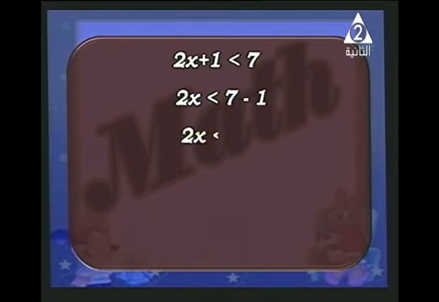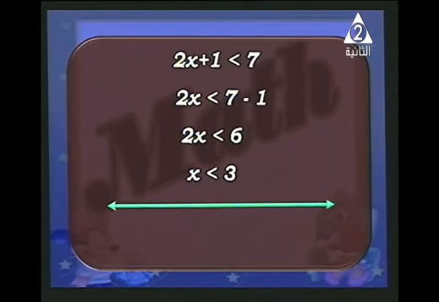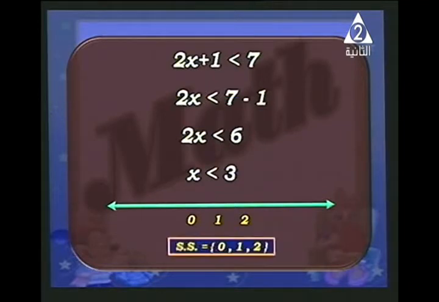Then 2x is smaller than 6. By dividing both sides by 2, you are going to obtain a result as x smaller than 3. What about x smaller than 3? Yes, the values of x less than 3 are 2, 1, and 0 in n. So we can say that the solution set is 0, 1, and 2.